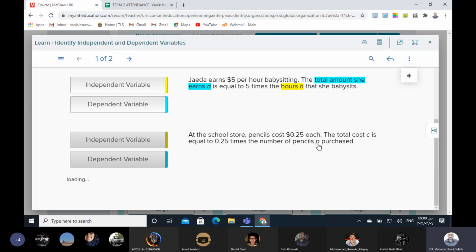The independent variable, or the input, is the pencils B. The dependent variable, or the output, is the cost C. This is the difference between the independent and dependent variables, and the rule between them, the relationship between the input and the output.